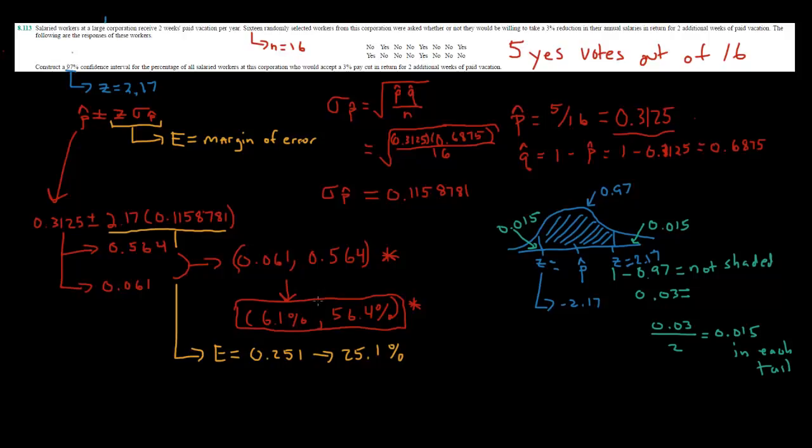But let's just say I was a yes vote. And then I'm trying to convince my boss that a lot of people agree with me. Well, when you take it to your boss and say that according to what you learned in stats class, 6.1% to 56.4% of the people at work agree with you, your boss is going to laugh you out of the room, because he's going to say, that doesn't tell you anything.